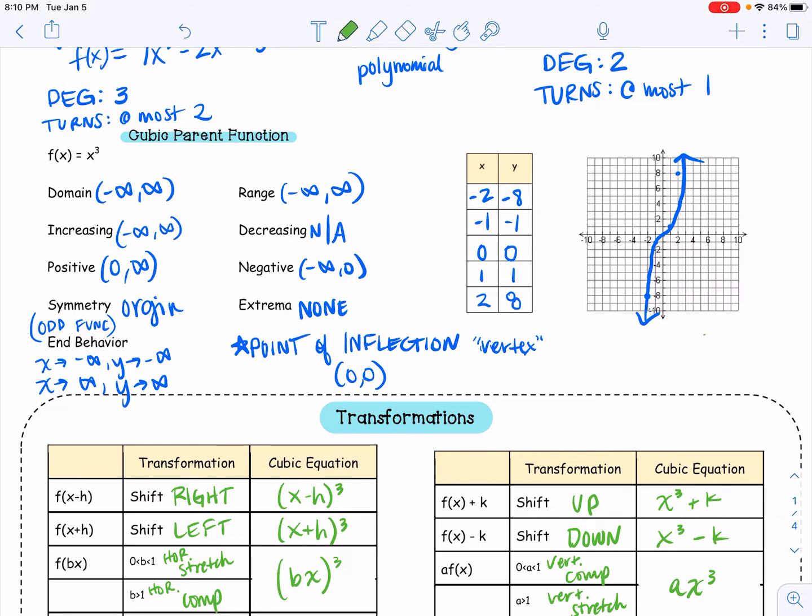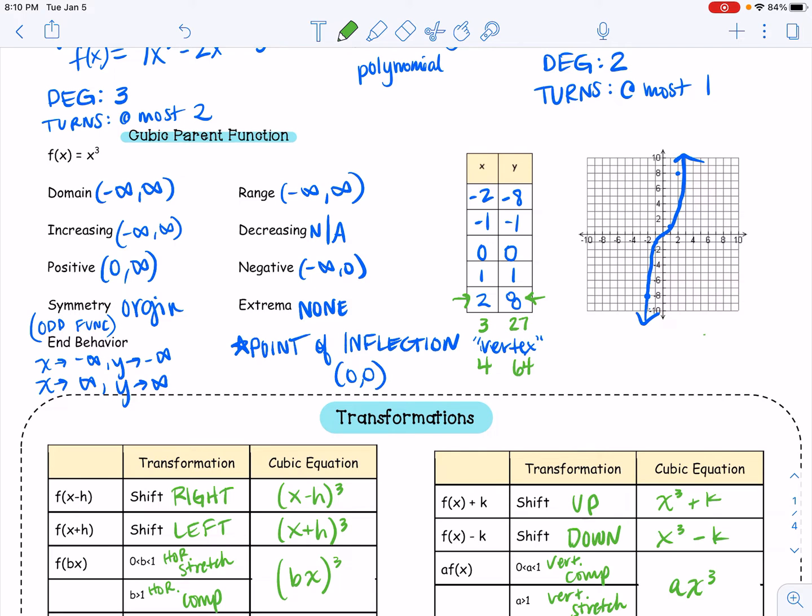So when we go right 1, we will still go up 1, but when we go right 2, we're going to be going up 8 because 2 cubed is 8. And if we went right 3, 3 times 3 times 3 is 27. And if we went right 4, then we would actually be going up 64 units, which obviously won't be fitting on any of these graphs that we do.